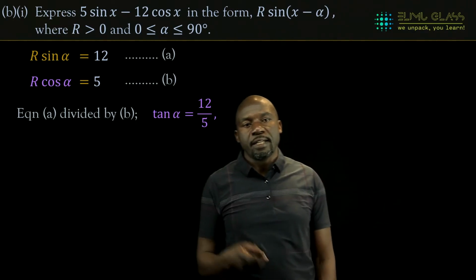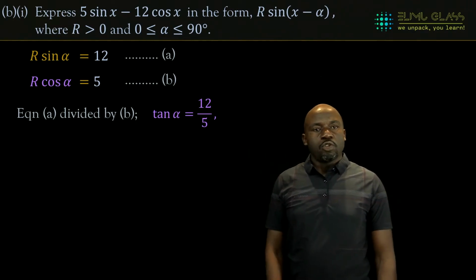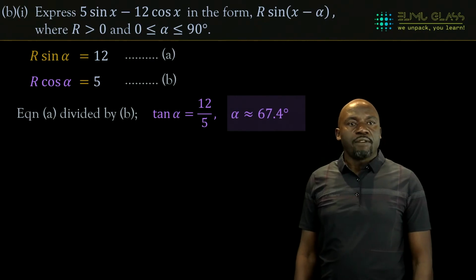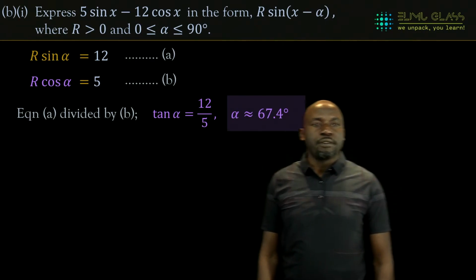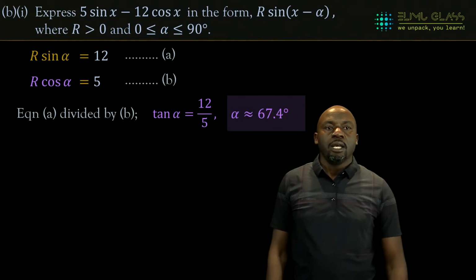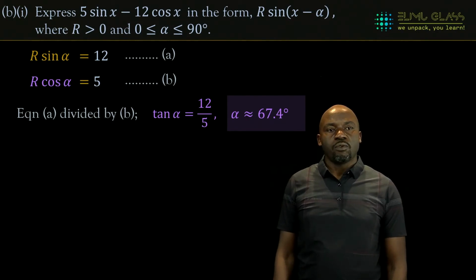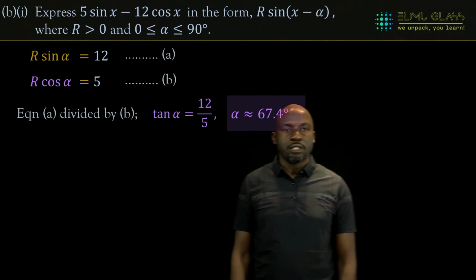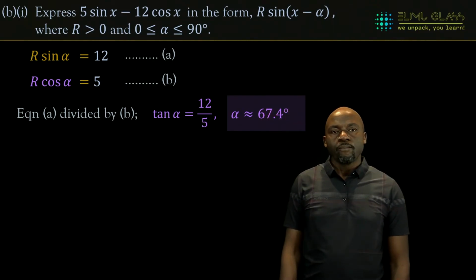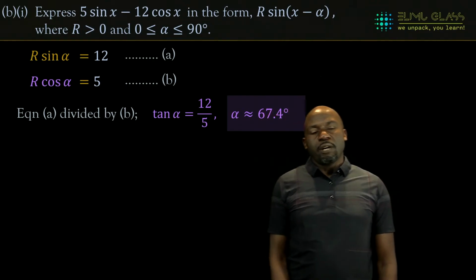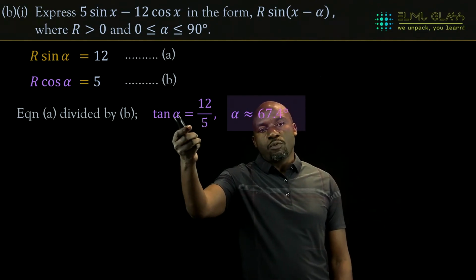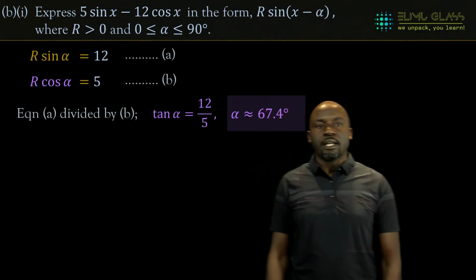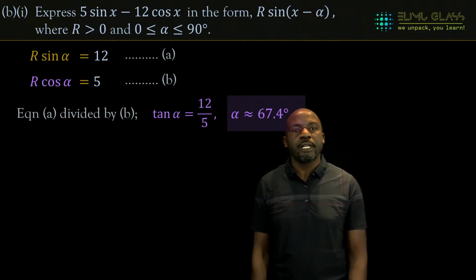Sine over cosine is tangent, so tan alpha is 12 over 5, and that means alpha is approximately 67.4 to 1 decimal place. The answer you give depends on what the examiner wants, could be significant figures or decimal places. Sometimes the examiner will want you to leave it as exact, so you write alpha is arctan of 12 over 5, and that's also appropriate.